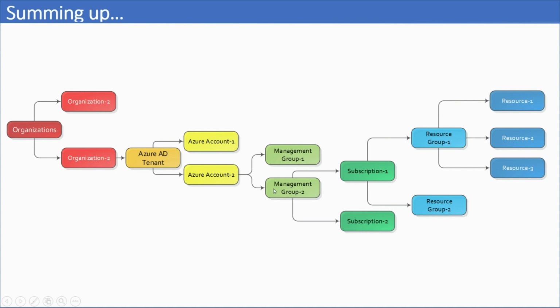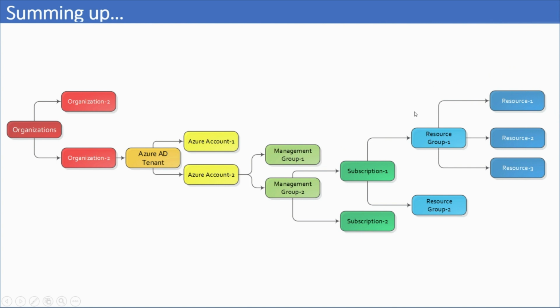Management group 2 takes care of our cloud enabled services within financial services, within which you have subscription 1 and subscription 2. Subscription 1 will take care of cloud migration related activity, within which we have a couple of resource groups, and every resource group will have resources attached to it.